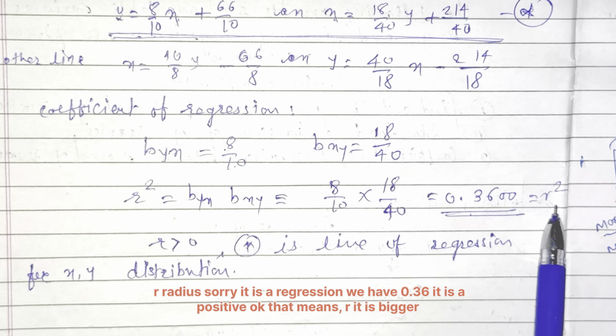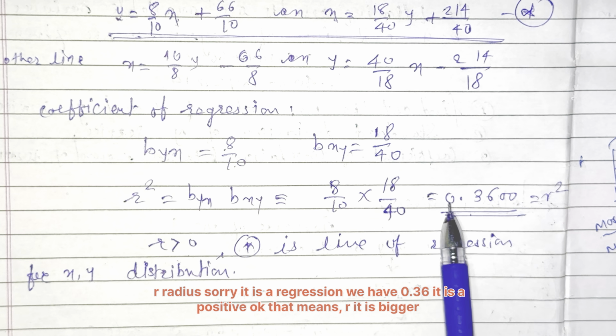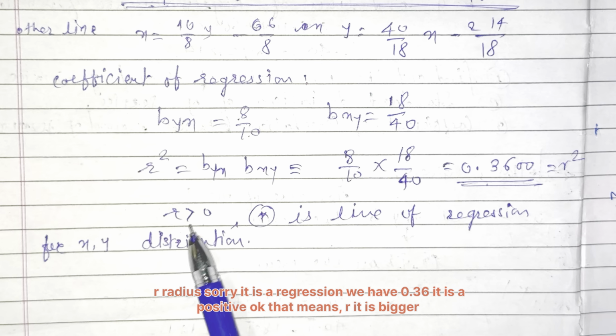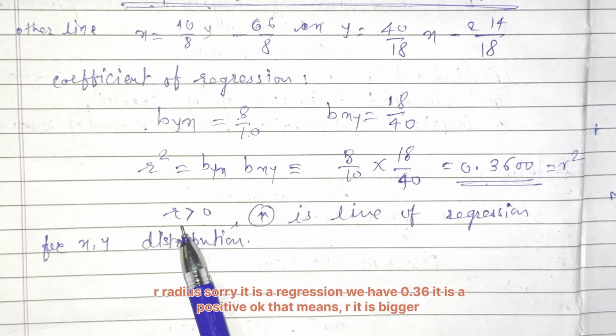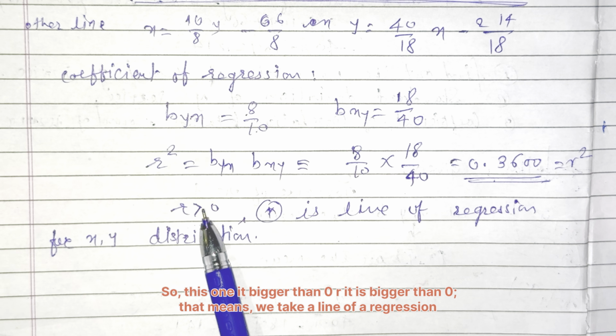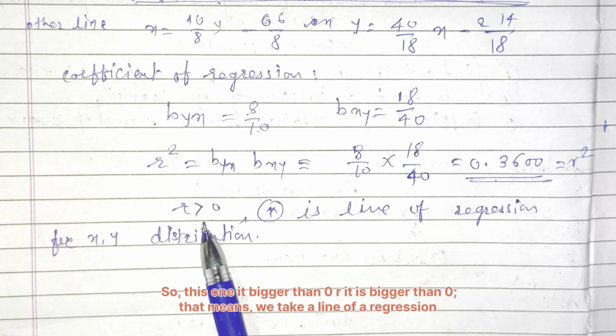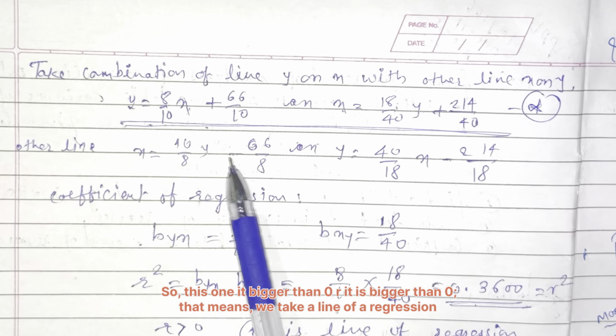Our r square from the regression is 0.36, which is positive, so r is bigger than 0. If you take the square root, obviously you get 0.6. So r is bigger than 0, and that means we take this line of regression.